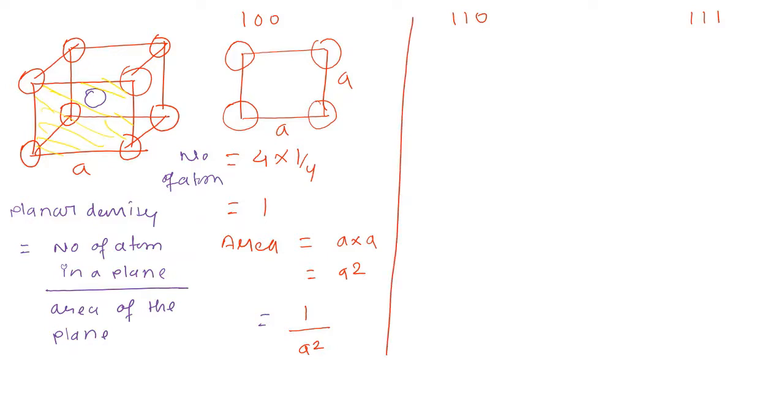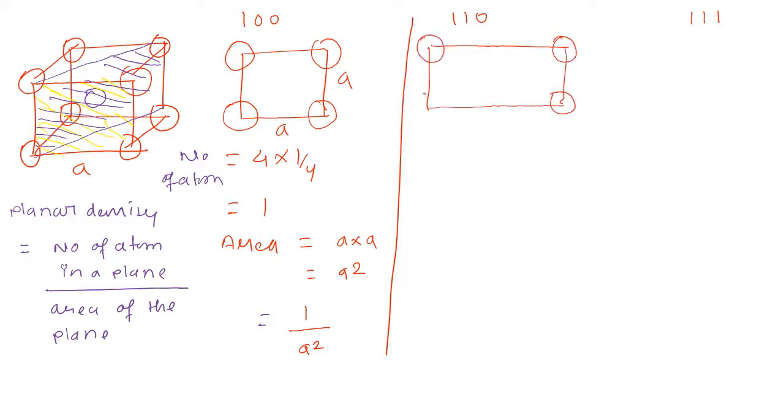Now we will calculate for the 110 plane. Let me draw the 110 plane in the unit cell, then I will take it out of the unit cell. This shaded plane is the 110 plane. Let me take it outside. You can see clearly the difference between the 100 plane shown here and the 110 plane shown here.